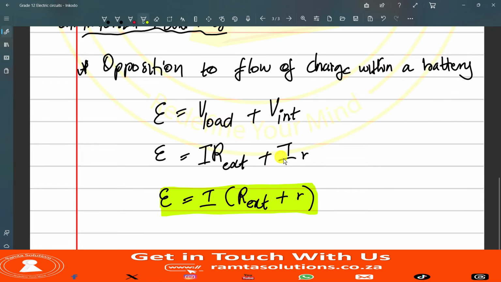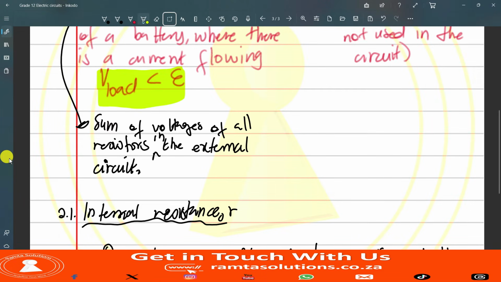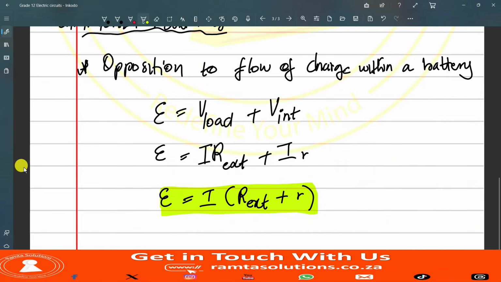It's important to talk about this: how do increasing and decreasing external resistance affect the circuit from this formula? How does it affect everything?